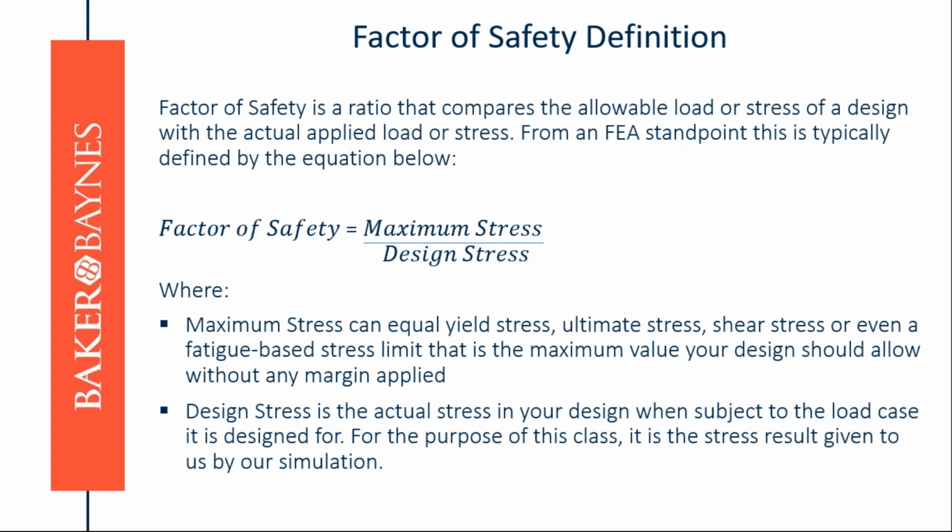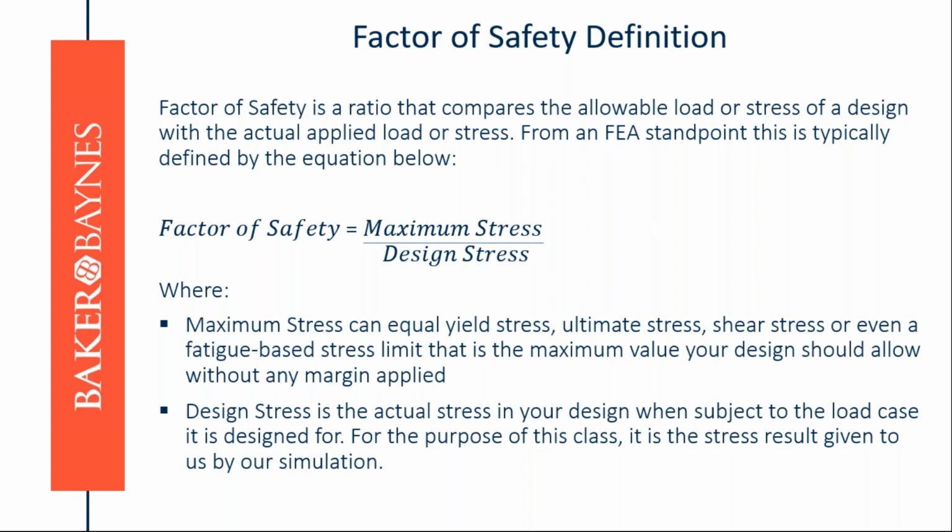And there's an example of that. Where maximum stress can equal yield stress, ultimate stress, shear stress, or even a fatigue-based stress limit is the maximum value your design should allow without any margin applied. Okay, design stress is the actual stress in your design when subject to the load case it is designed for. For the purpose of this case, the stress results given to us by our simulation.